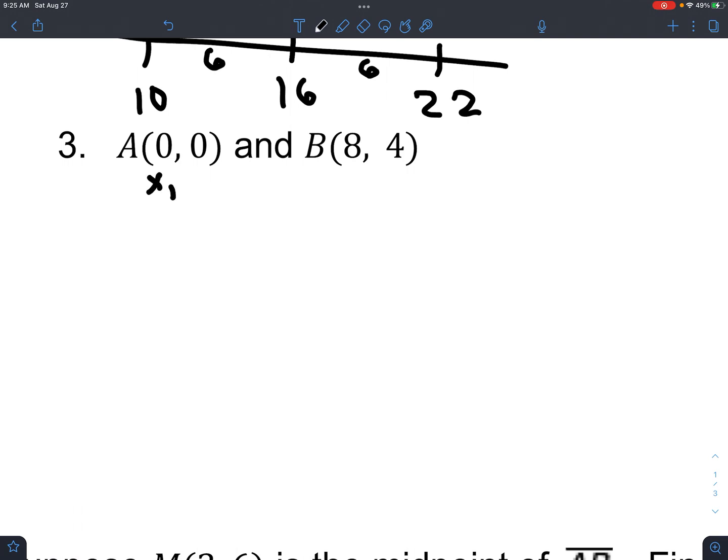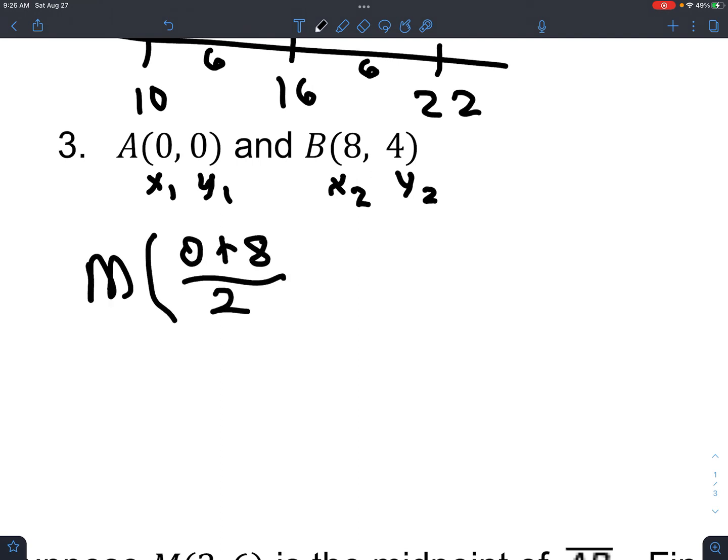Now, if you have this, remember this is going to be the x's. So we call those the first x and the second x, the first y and the second y. The midpoint is the average of the x's and the average of the y's.